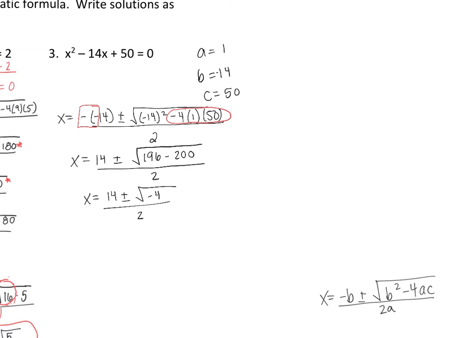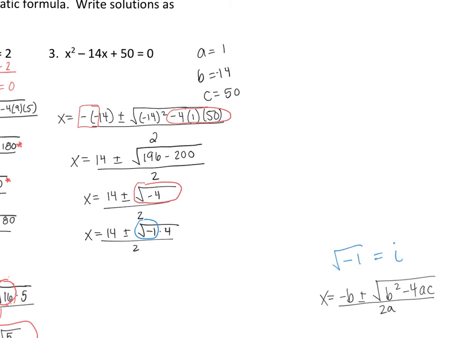Okay? So here I notice I have a negative under the radical. So what I'm going to do is break this up into -1 times 4 under my radical. And then, reminder, the square root of -1 is equal to i.